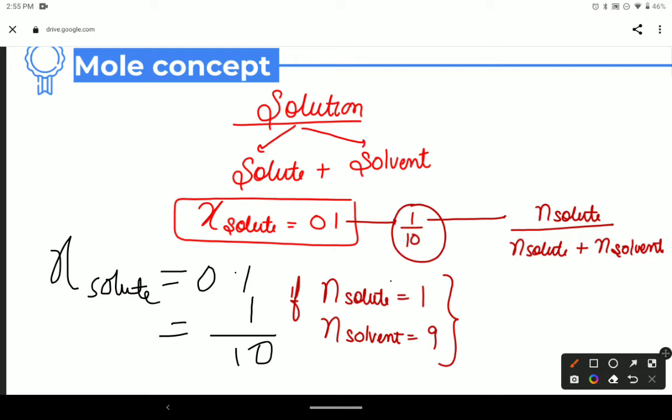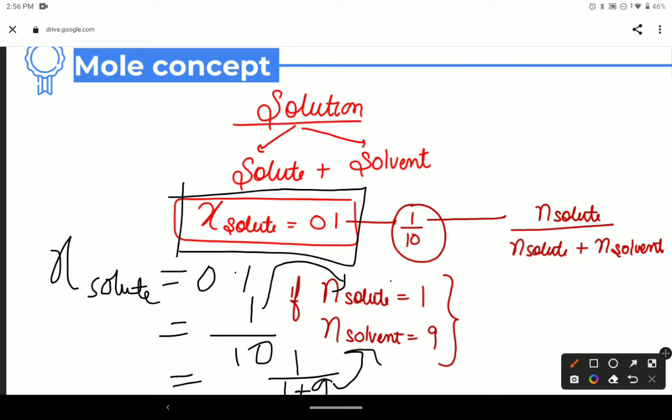That means 1 refers to number of moles of solute, and 10 is the total, so 1 by 1 plus 9, where 9 is 10 minus 1, which means 9 refers to number of moles of solvent. In the question, if given in this way, this is a very shortcut, fancy way to know the number of moles of solute and solvent.